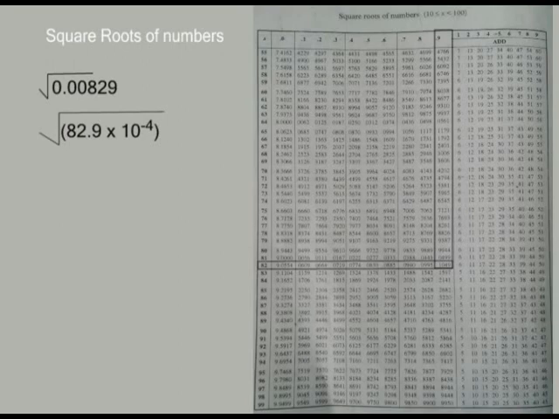Square root of 82.9 is 9.1049. Square root of 10 raised to negative 4 is 10 raised to negative 2. And so we shall have 9.1049 times 10 raised to power negative 2, or simply 0.091049.